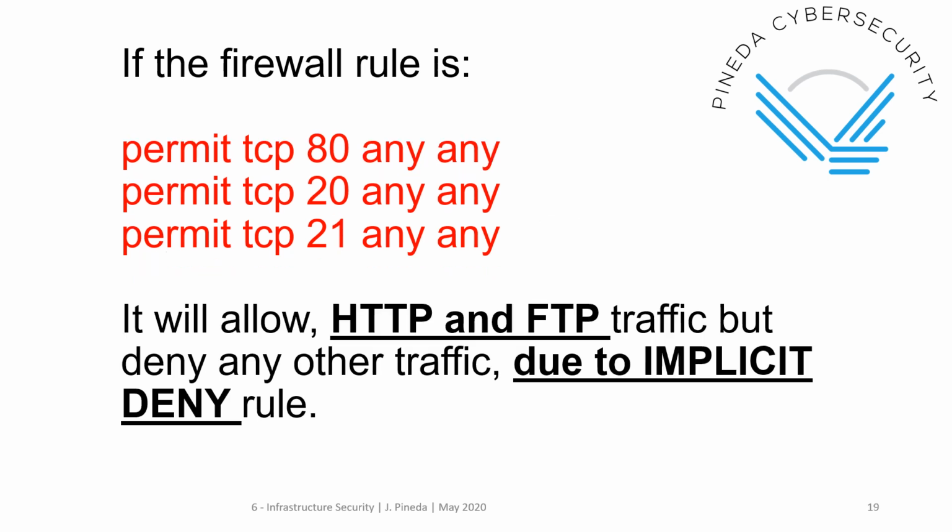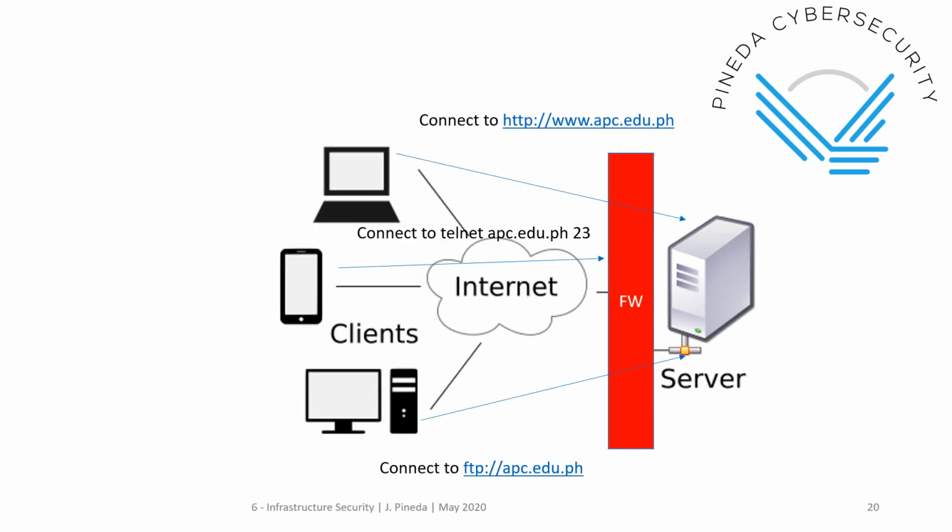Okay. So it will allow FTP and HTTP or web traffic, but it will deny any other traffic due to the implicit deny rule. Because there is no other rule, therefore it will deny all other types of traffic. So applying this, connecting to apc.edu.ph, will the firewall allow this traffic?